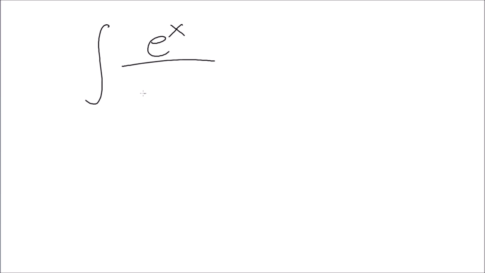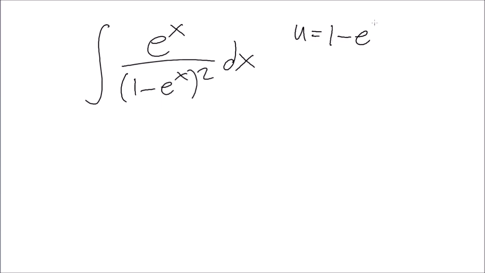e to the x over (1 minus e to the x) squared. Ooh, how do we express this? Of course not. Take advantage of this, right? u is equal to 1 minus e to the x. The reason why this is good is because our derivative is e to the x, well, negative e to the x.